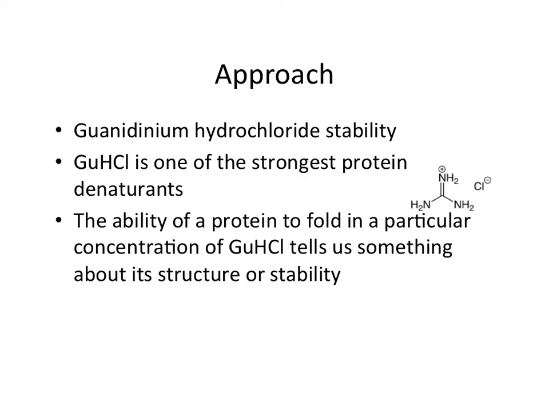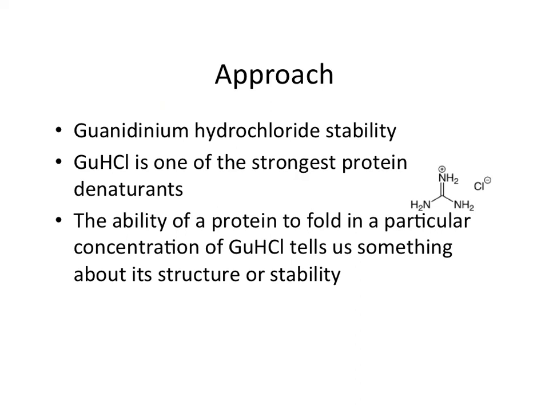is related: guanidinium hydrochloride stability. These prion proteins in the scrapie conformation are not only resistant to protease, but they're also really, really stable in this chemical, guanidinium hydrochloride, which is one of the strongest protein denaturants that's known.